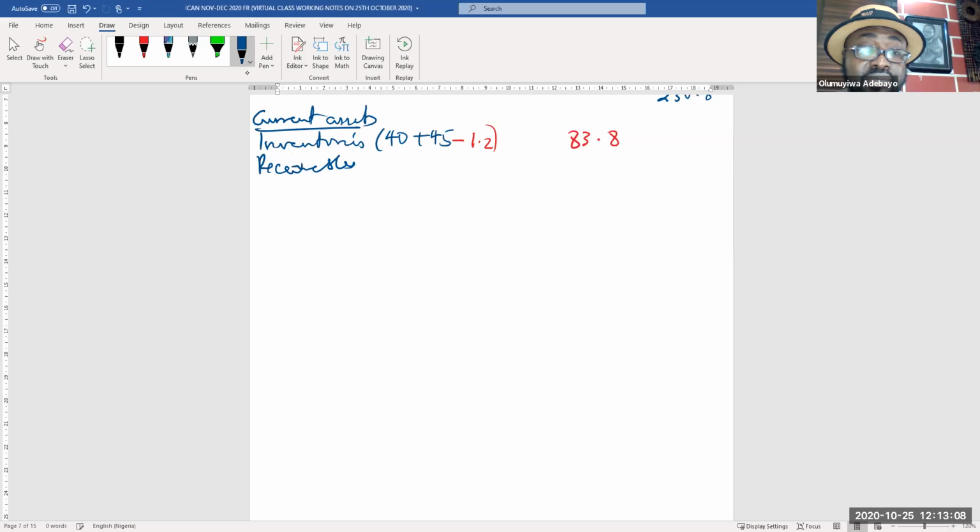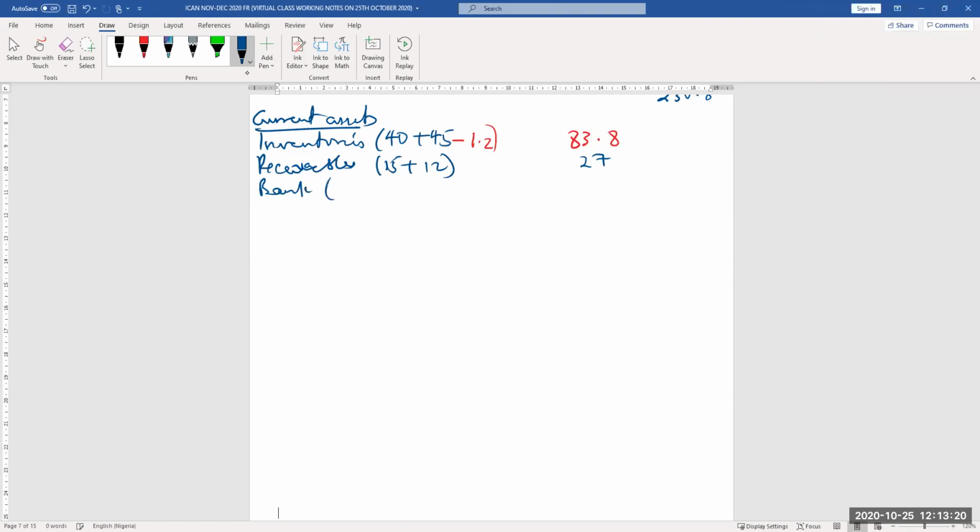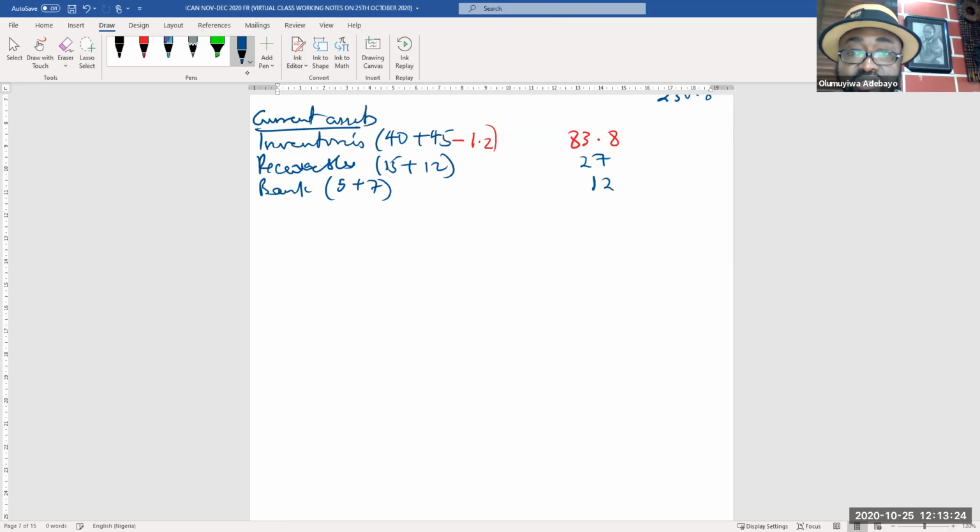What next? I have receivables. My account receivables is 15 and 12. That is 27. And I have bank. My bank is 5 and 7. That is 12.